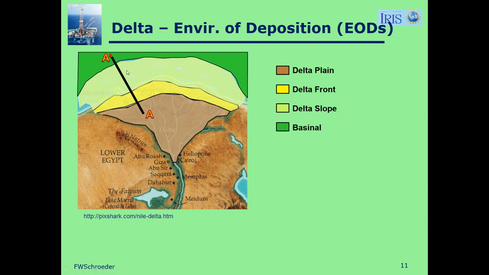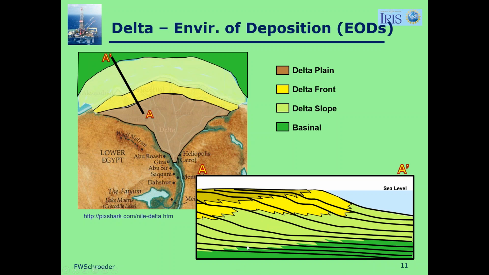The delta slope, the paler green, would be where the seafloor gradient is probably on the order of 1 to 3 degrees. In terms of a continental setting, that would be the continental slope. And then the darker green is the basinal or abyssal plain type of environment. I'm going to show a cross-section A to A prime, and that's here.